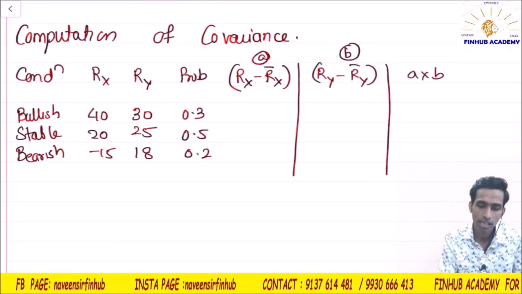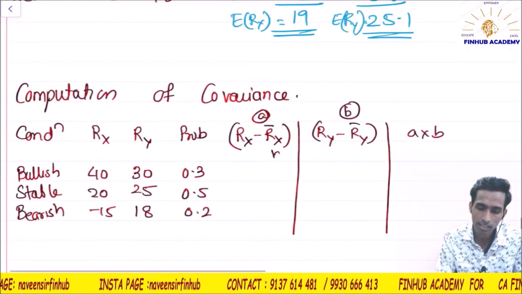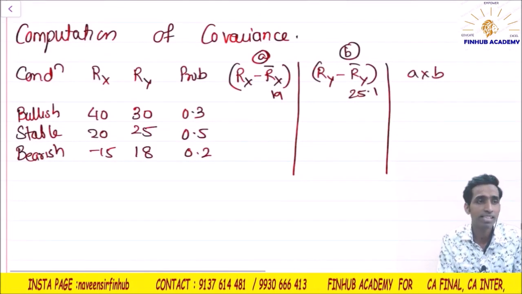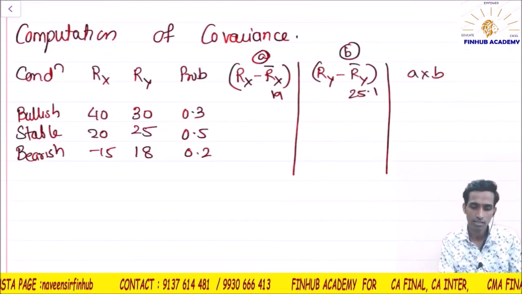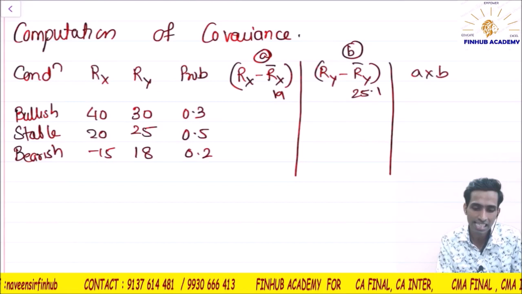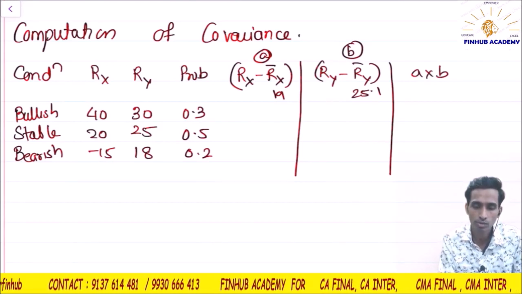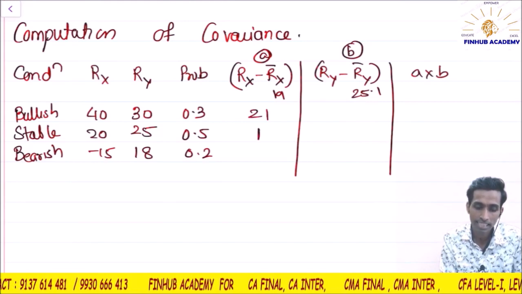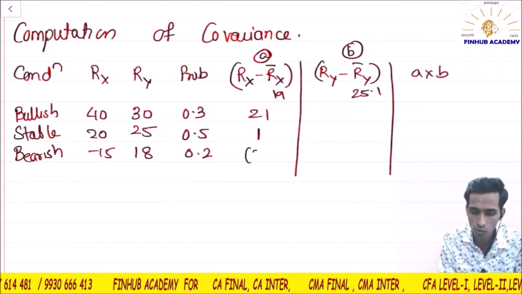Rx bar was 19, Ry bar was 25.1. You know how to complete this, so please complete it. 40 minus 19 is 21. 20 minus 19 is 1. Minus 15 minus 19 is minus 34.